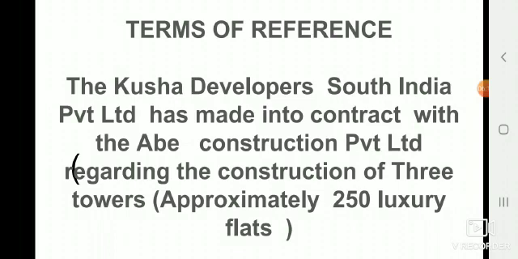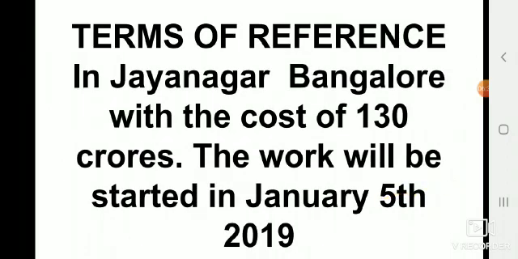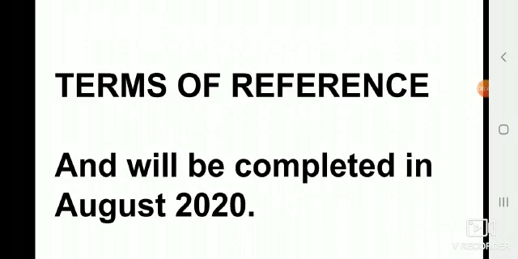So let us observe that, see, the Kushal Developers South India Private Limited has made into contract with the Abhi Construction Private Limited regarding the construction of 3 towers, approximately 250 luxury flats, in Jayanagar, Bangalore, with the cost of 130 crores. The work will be started on January 5th, 2019, and it will be completed in August 2020.